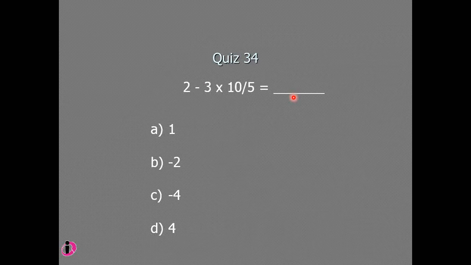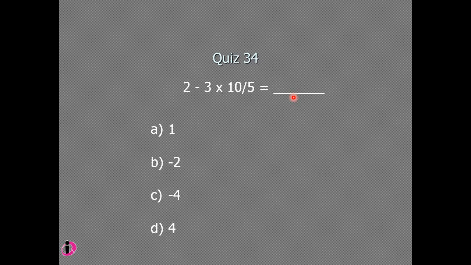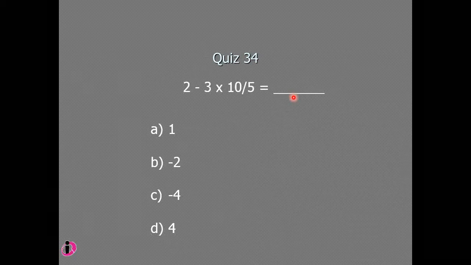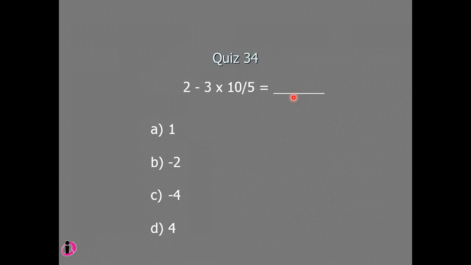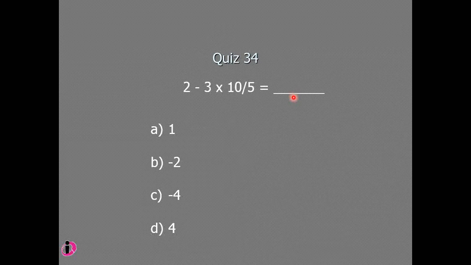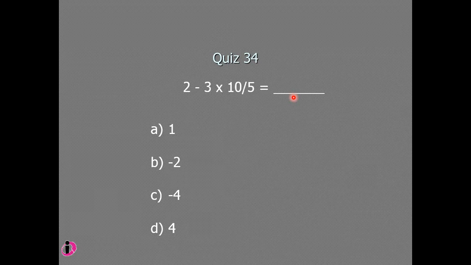Can you try these and then we'll look at how to solve it? Remember, you have subtraction, addition, multiplication, and division, right? Which might be the right answer? So which one is the right answer here?